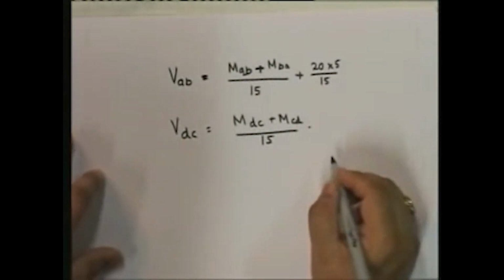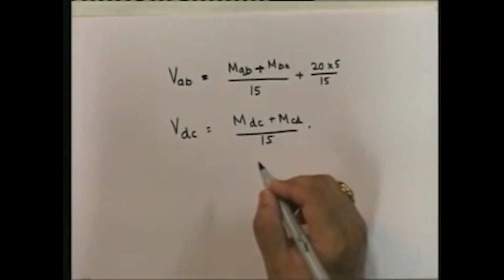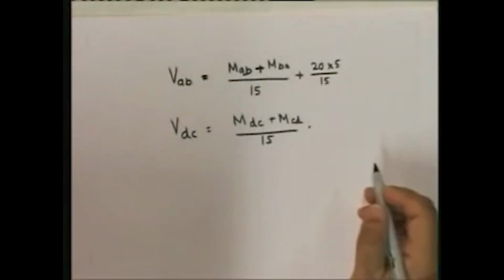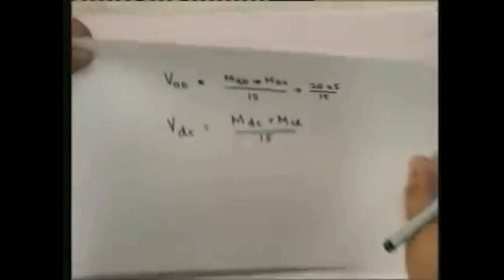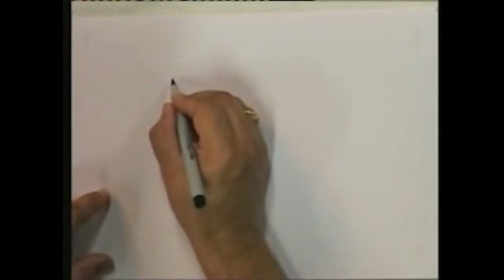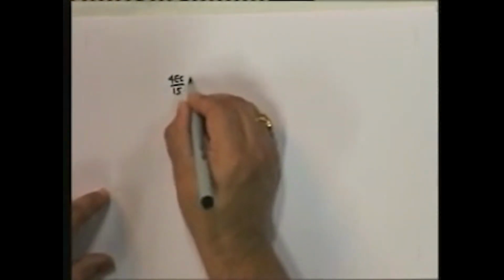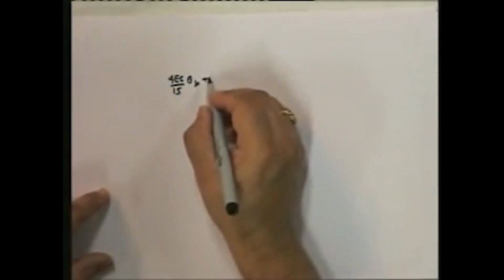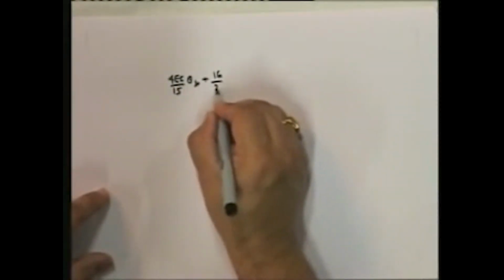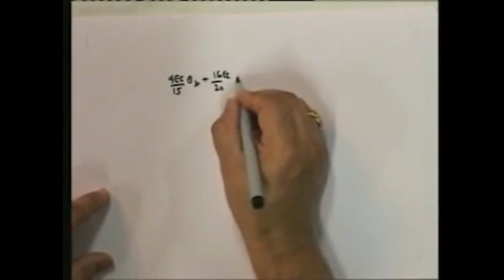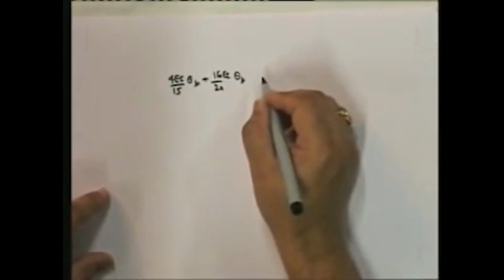If you put all of these together, what you get is, MBA plus MBC, let me write it down, MBA plus MBC gives me 4 EI upon 15 theta B plus 16 upon 20 EI theta B.